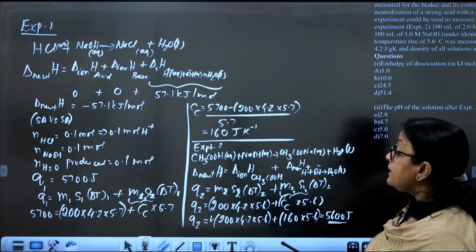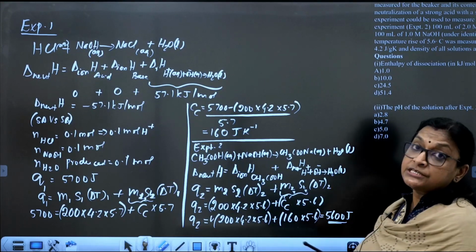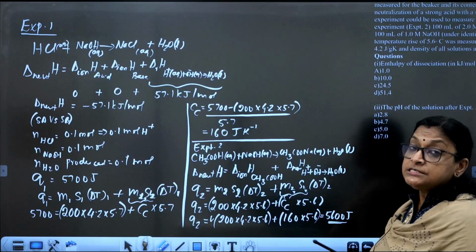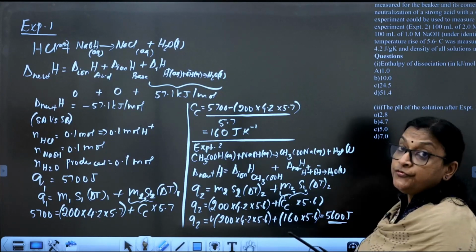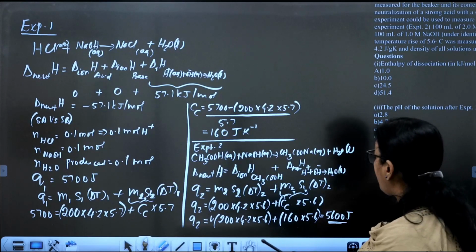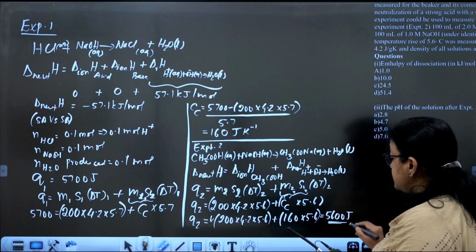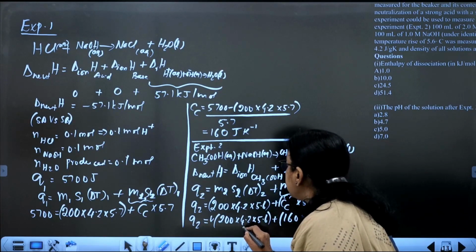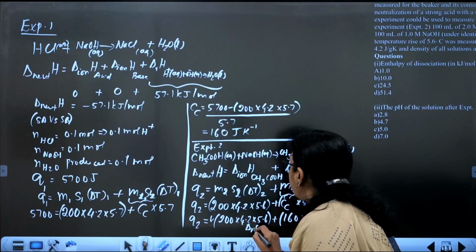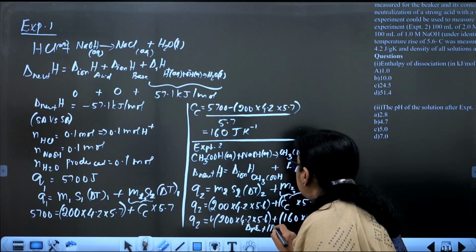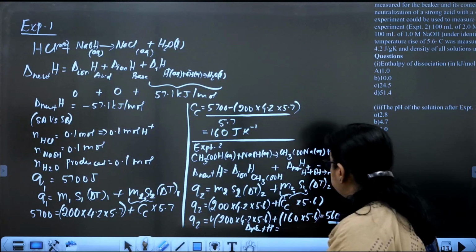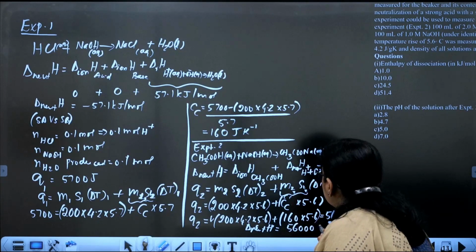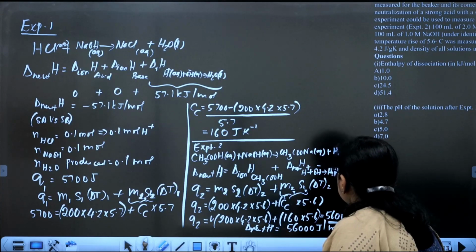So what is the enthalpy of neutralization in this reaction? For 1 mole water formed, it is going to be 56,000 joule or 56 kilojoule per mole. For 0.1 mole, 5,600 joule for 0.1 mole water formed. So in this experiment, the enthalpy of neutralization is equal to 56,000 joule per mole.